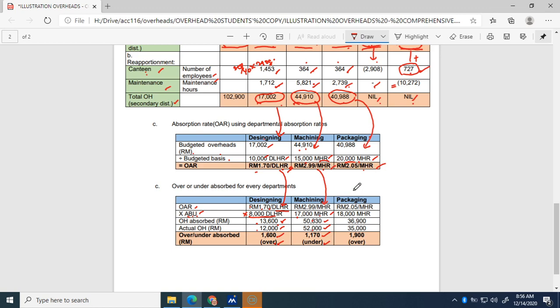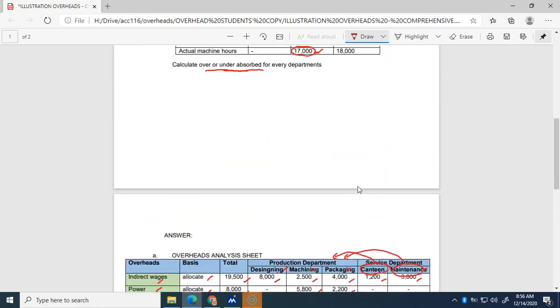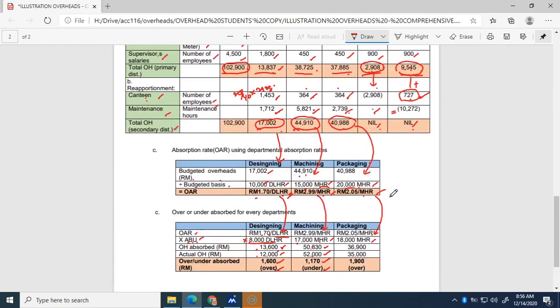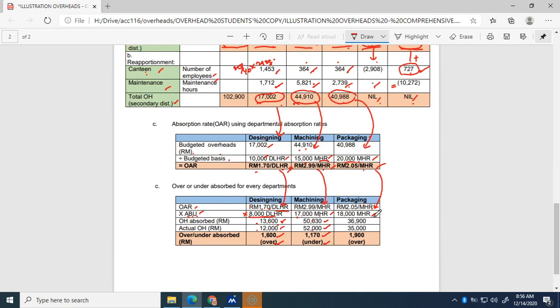Same goes for packaging. The OAR calculated before is 2.05 per machine hour, multiplied by the actual machine hours in packaging. Actual machine hours is 18,000. We do not multiply with the actual labor hours because OAR is per machine hour. So we have overhead absorbed of 36,900.